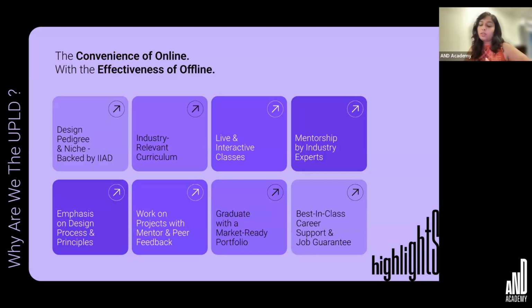We also have so much faith in the curriculum that we offer job guarantee on select courses. We have a job guarantee on all of our PG diplomas, which is a graphic design part-time PG diploma, graphic design full-time PG diploma, and a PG diploma in UI UX design, and also a job guarantee on graphic design diploma.